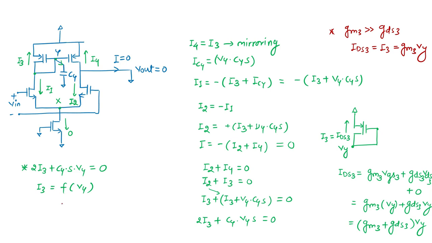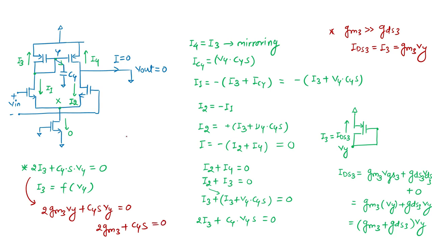We can put the value of I3 in this equation: 2 gm3 Vy plus Cy S Vy equal to 0. If we take Vy common, it is 2 gm3 plus Cy S equal to 0.